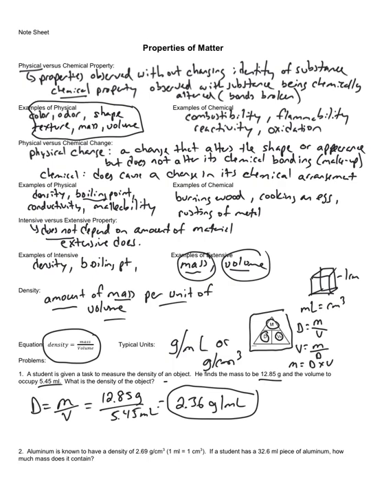Okay. The next problem says aluminum is known to have a density of 2.69 grams per cubic centimeter. A student has a 32.6 milliliter piece of aluminum. How much mass does it have? Again, we are asked to find mass. If I use the density triangle, I simply need to multiply the density by the volume.